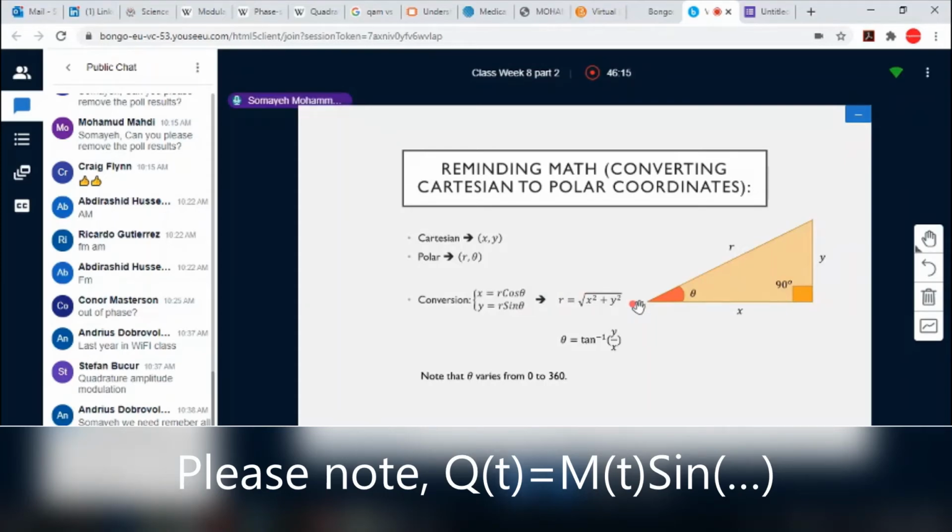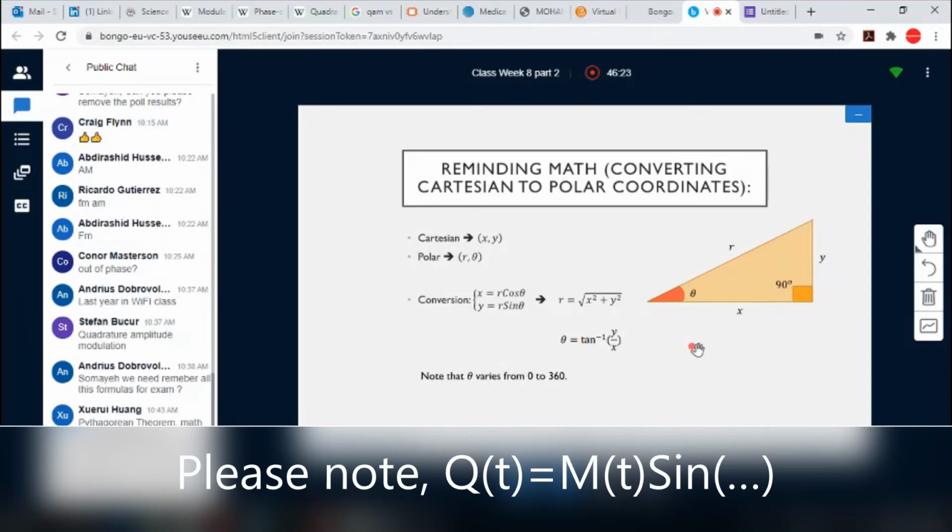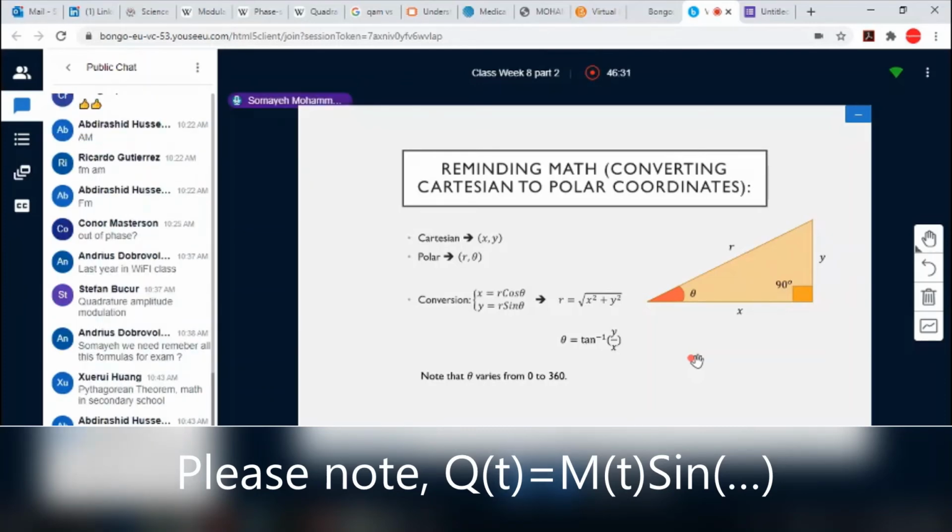Anyone remembers? Yeah, that is from high school, yes. It is the square root of x squared plus y squared, and that will relate us to how to calculate the theta. I'm happy that you all remember that part of mathematics.